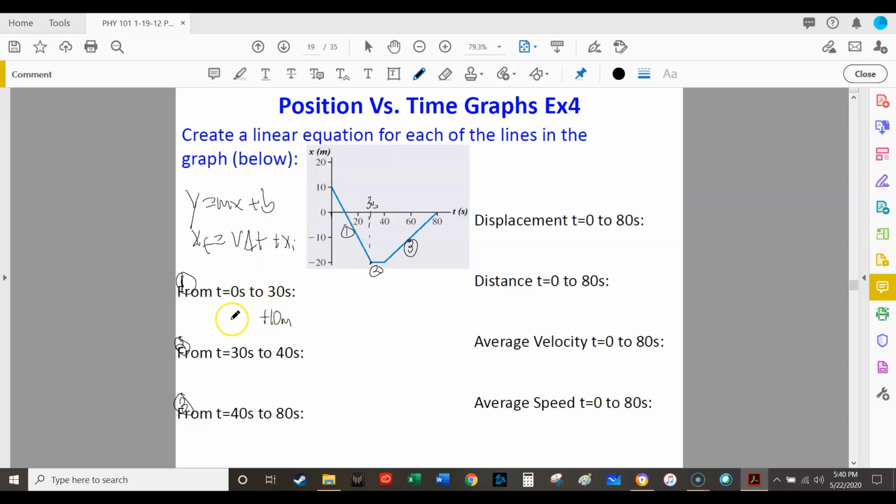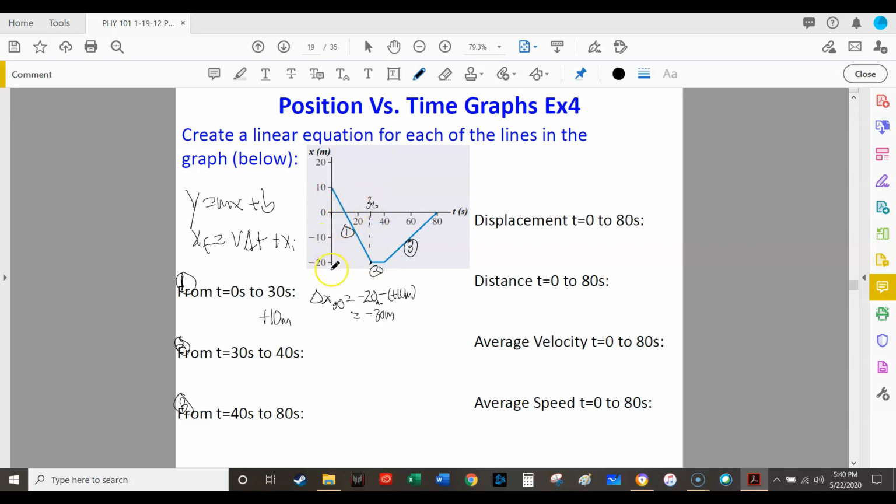That means its displacement for this 30 second part is negative 20 meters minus positive 10 meters, so negative 30 meters. It traveled that displacement of negative 30 meters in the period of 30 seconds.